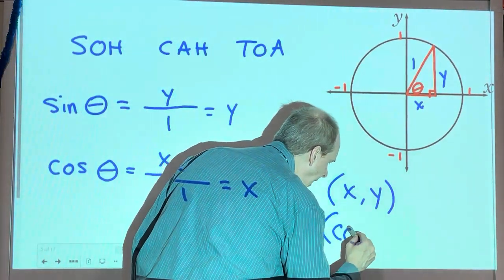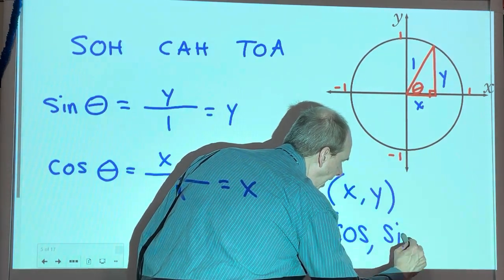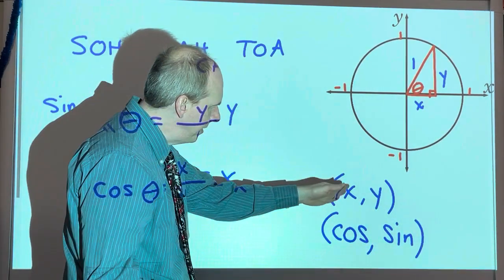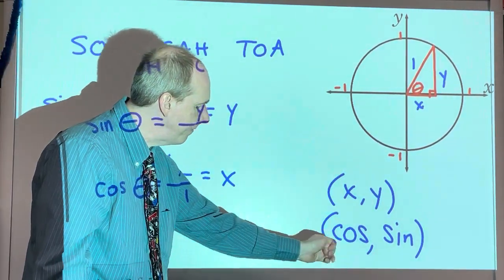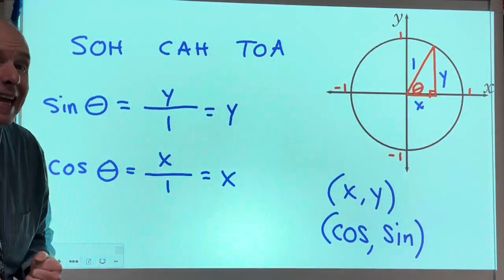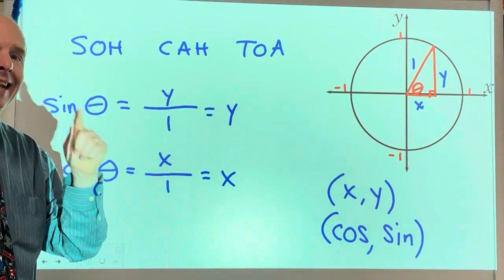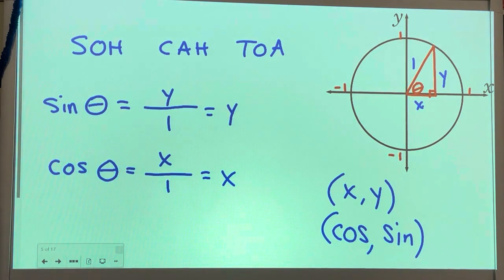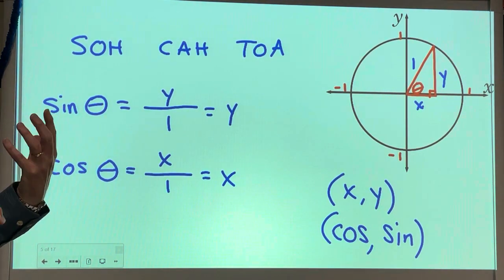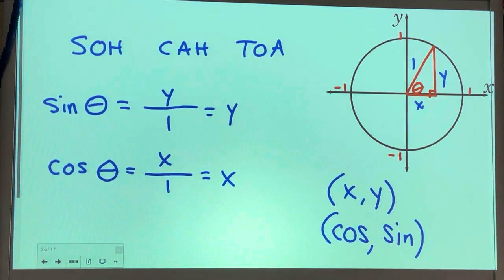Alphabetically, cosine comes before sine. Cosine is the x, sine is the y. Cosine comes first, sine is second. Say that. Sine is second. That will help you remember when we have a point with an x and a y value that the first number is the answer for cosine. The second number is the answer for sine.